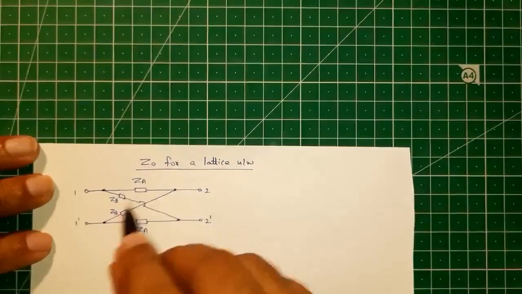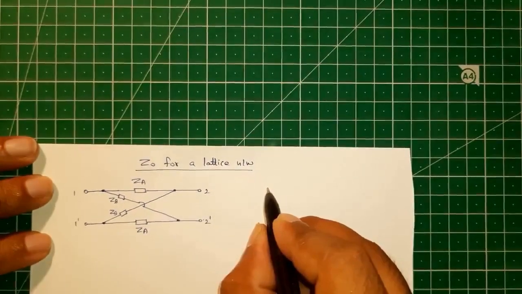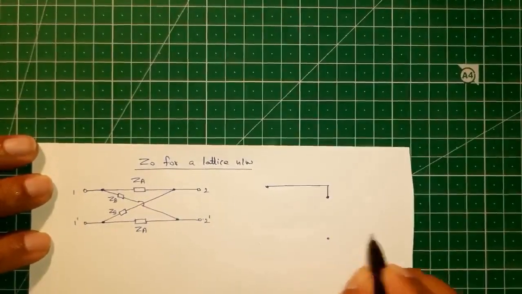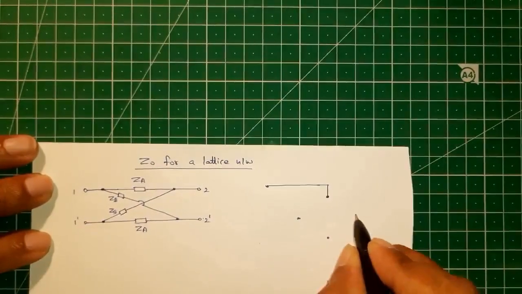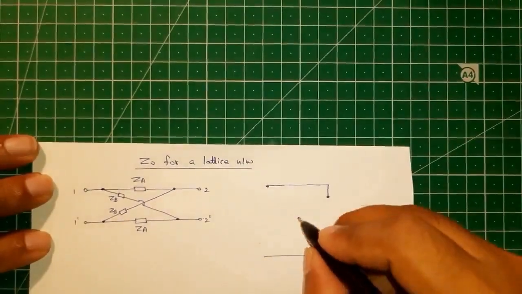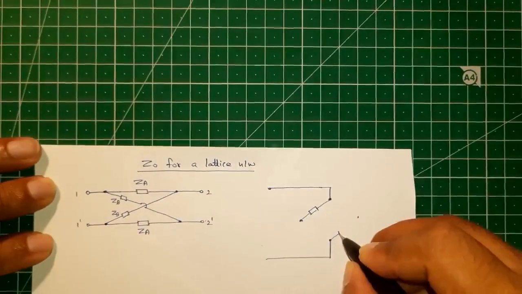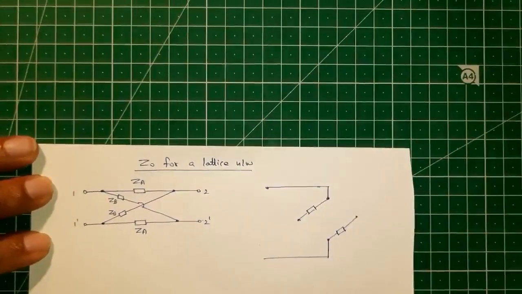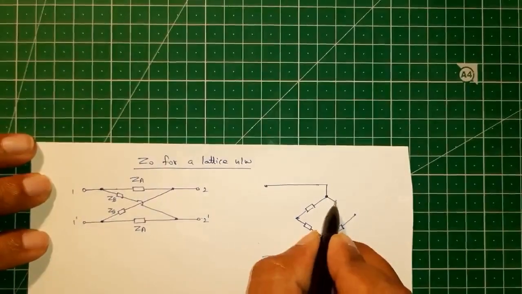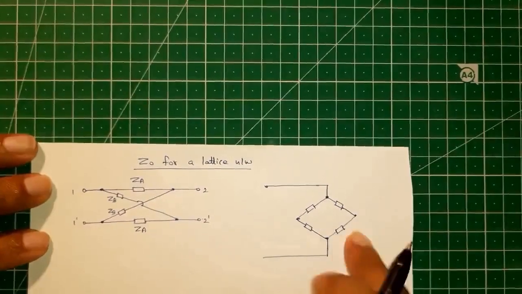So in our lecture 1 we have already discussed that we can draw this lattice network in a different form for easy understanding. Okay, we can draw this lattice network like this.